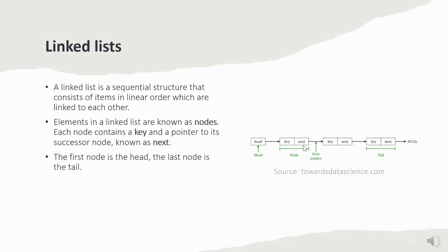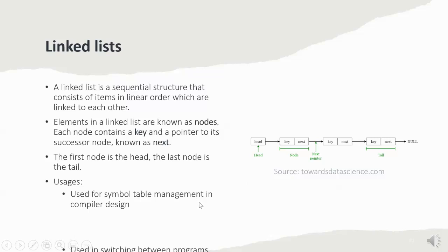The first node is the head, and the last node is the tail of the linked list. Linked lists can be used for symbol table management in compiler design and can be used in switching between programs.